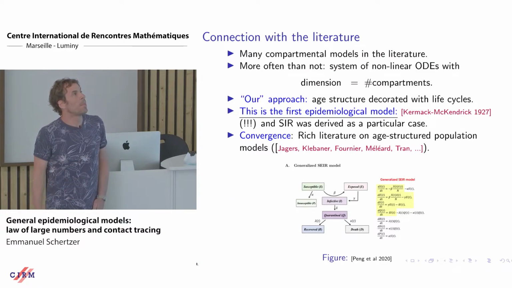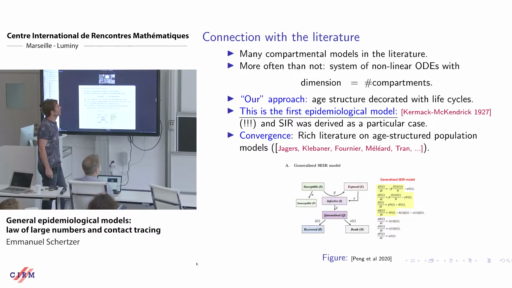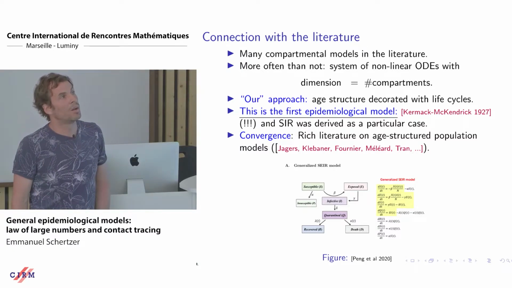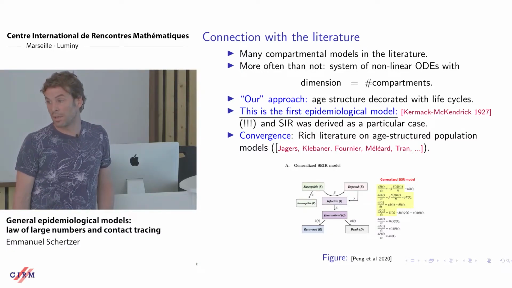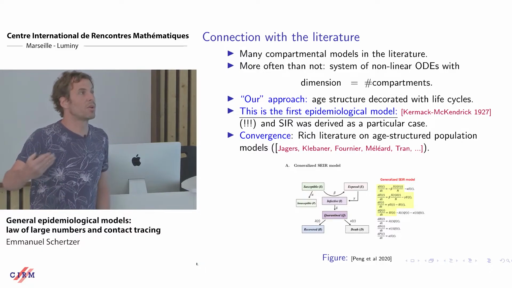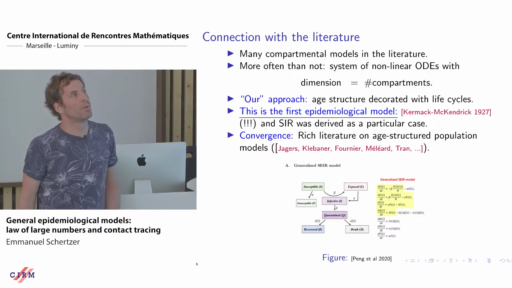So maybe a few words about the literature. Of course, we're not the first ones to look at these kinds of models. There are many compartmental models in the literature, but more often than not, they are defined in terms of a system of nonlinear ordinary differential equations. And I think this raises two issues. From a conceptual point of view, you have to make some Markovianity assumption, because you wait for an exponential amount of time before going from one compartment to another.